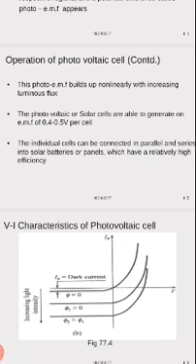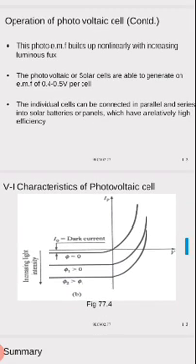It is concluded that as light intensity increases, more electrons and holes are generated, hence more current flows.